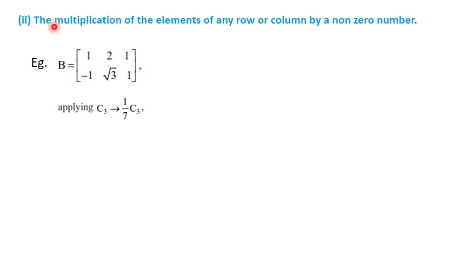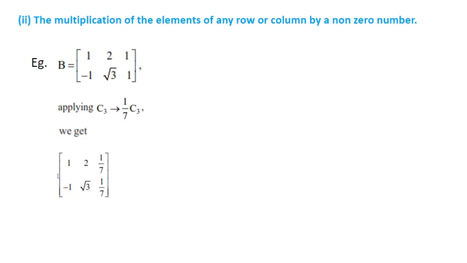Here I am taking column C3, and what I have done is multiply 1 by 7 with C3. So I have taken column 3 and multiplied 1 by 7 with C3.